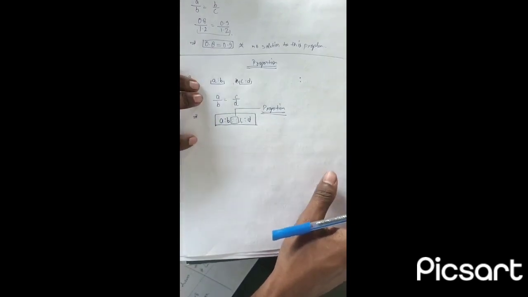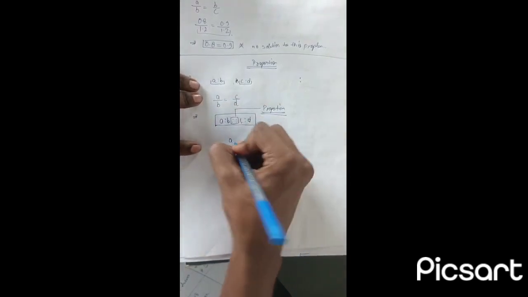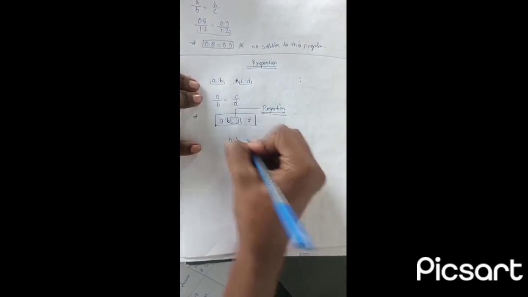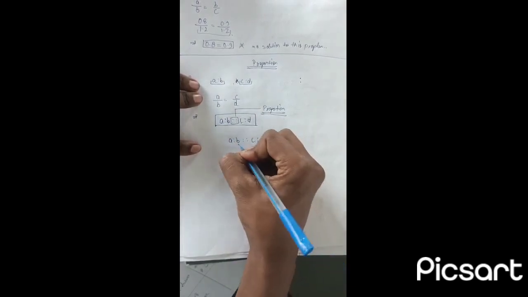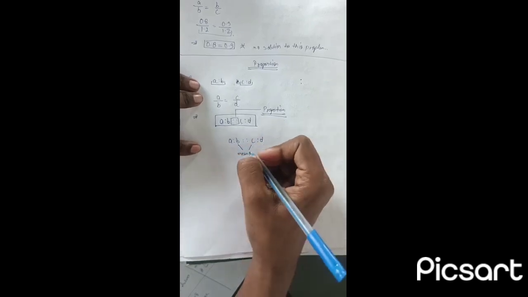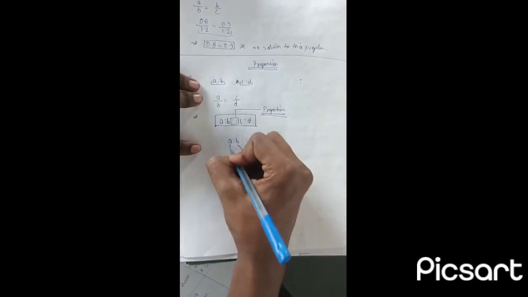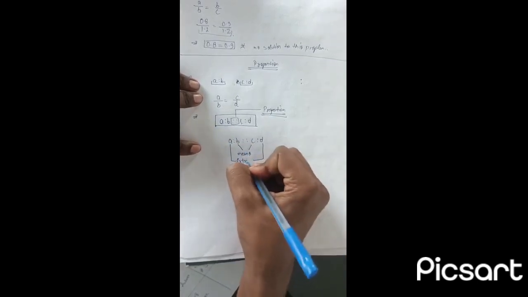One is mean and another is extreme. If it is written like A is to B proportion C is to D, then in this, these two values, B and C, are your means and these two values, A and D, are your extremes.